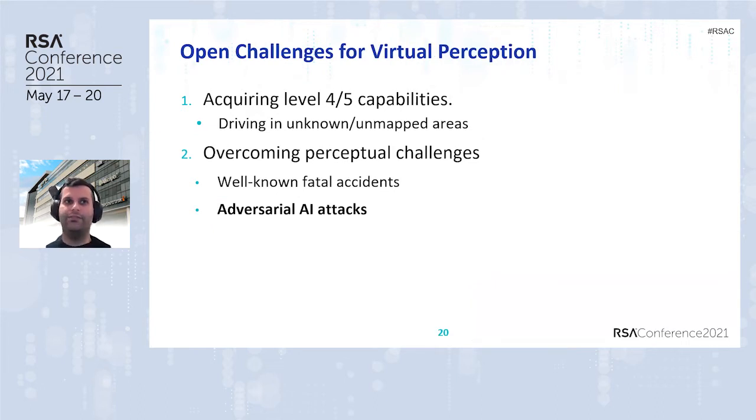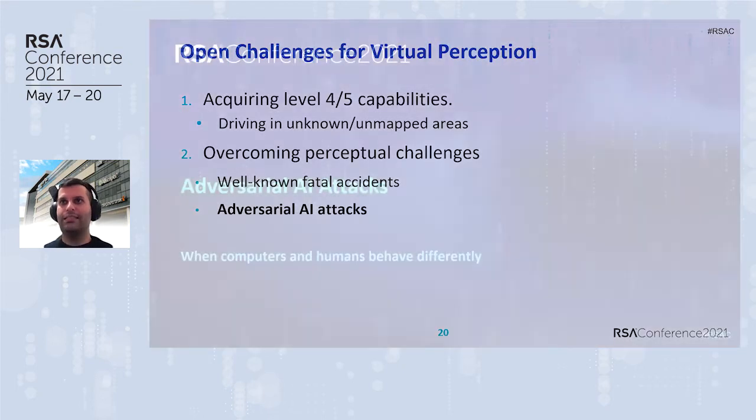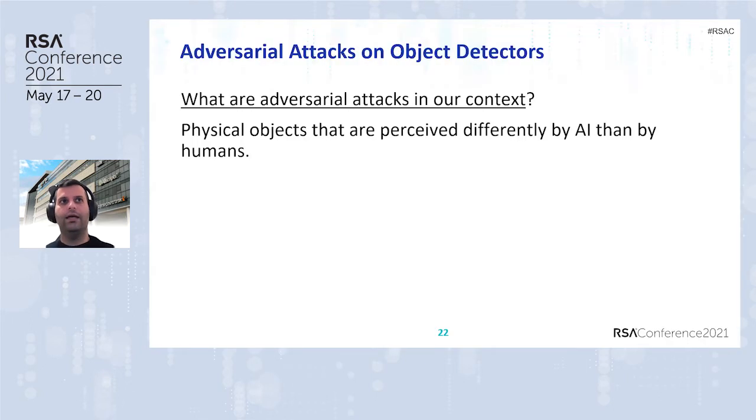There are also adversarial AI attacks, which emphasize the perceptual challenges we are currently facing. Adversarial attacks in our context are physical objects that are perceived differently by AI than by humans.